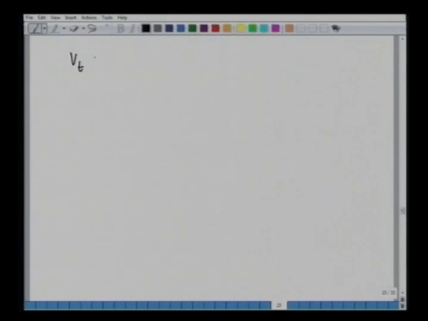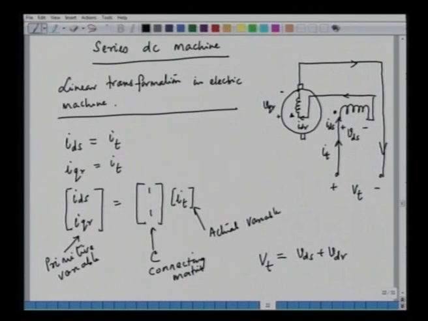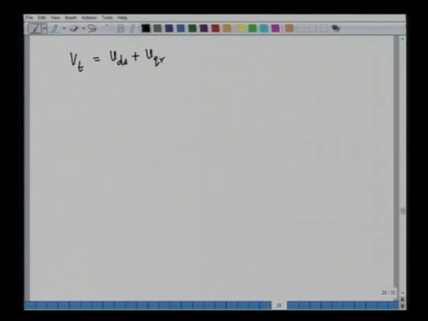Vt is the actual variable, that is equal to Vds plus Vqr, that is what we have written in the previous thing, and that is equal to the transpose of the C matrix into Vds and Vqr.